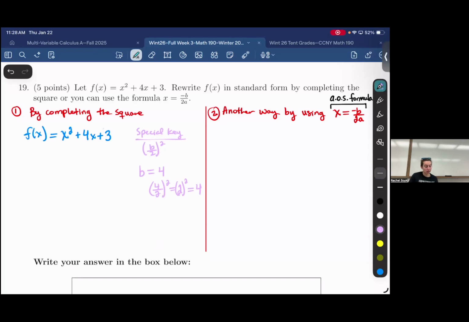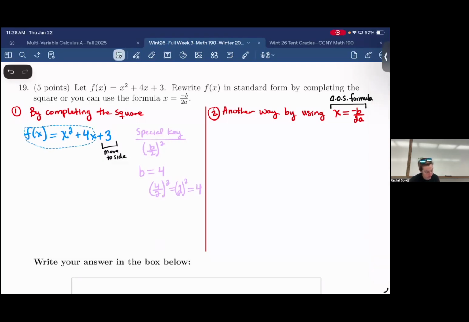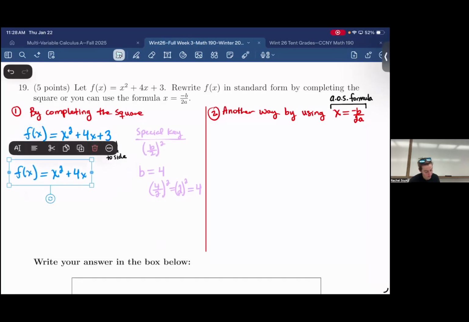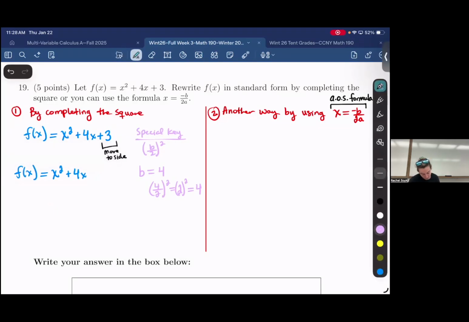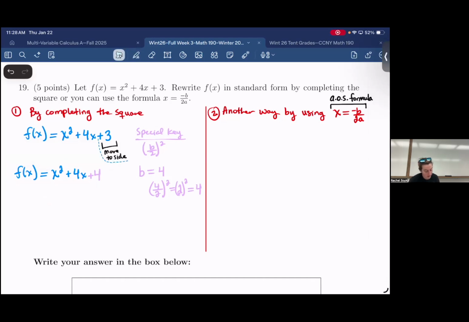And so this constant over here, we're going to brush that off to the side. So I'll just write move to the side. And so what we're going to do is we're going to look at our x squared plus 4x. We're going to add in that manipulative constant, the plus 4. That plus 3 is moved to the side.